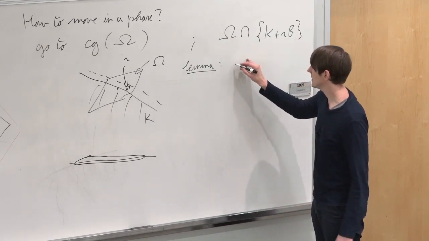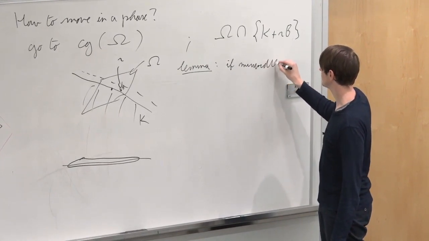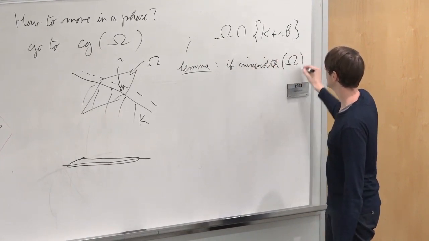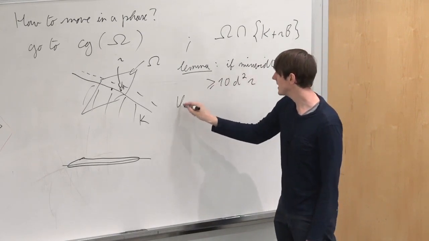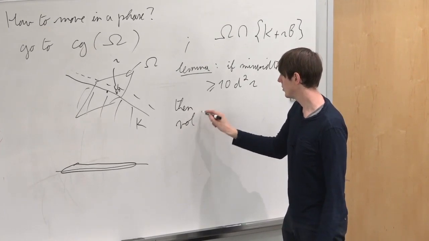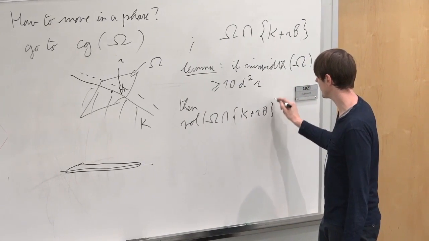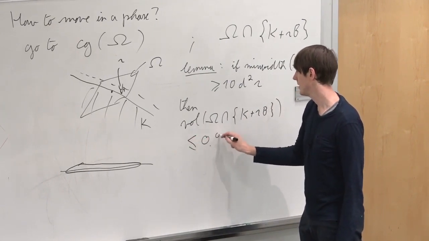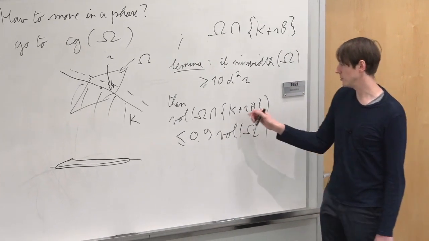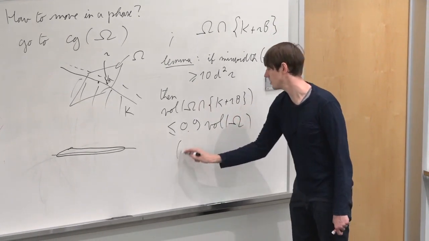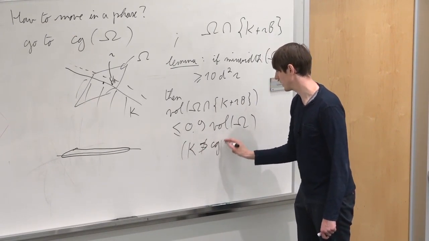So the lemma is just: if the mean width of omega, whatever the precise definition, doesn't matter, is at least, let's say, 10 d squared times little r, then the volume of omega intersected with k plus rb is smaller than 0.9 times the volume of omega, where you assume that k does not contain the CG of omega.